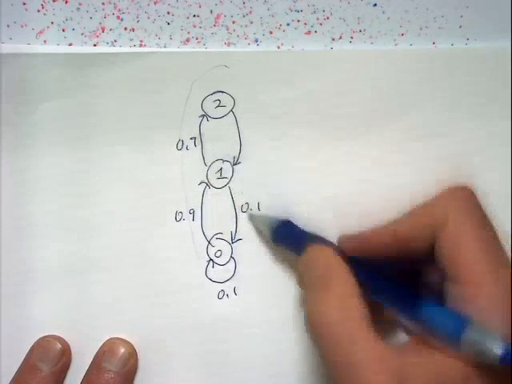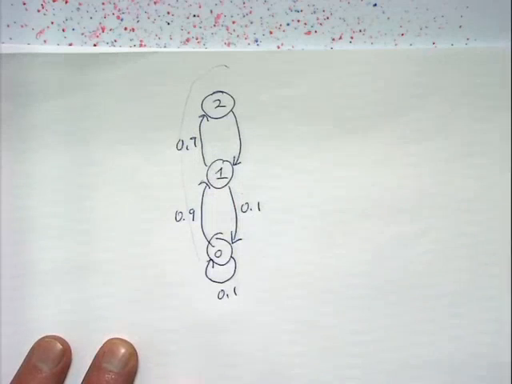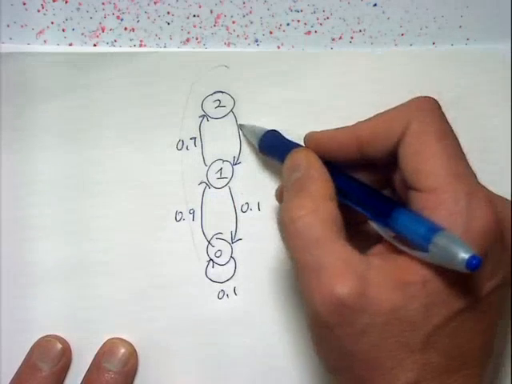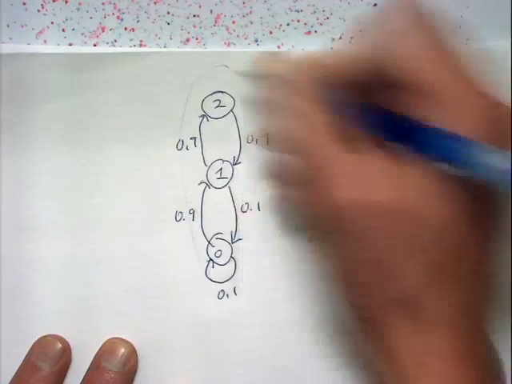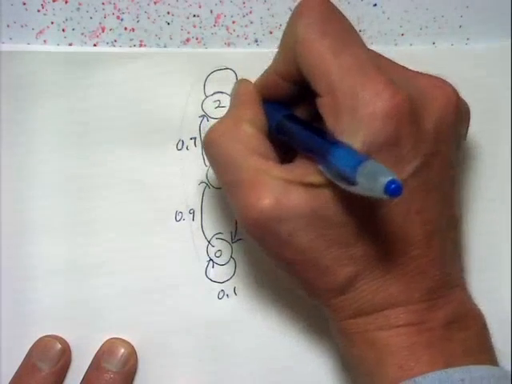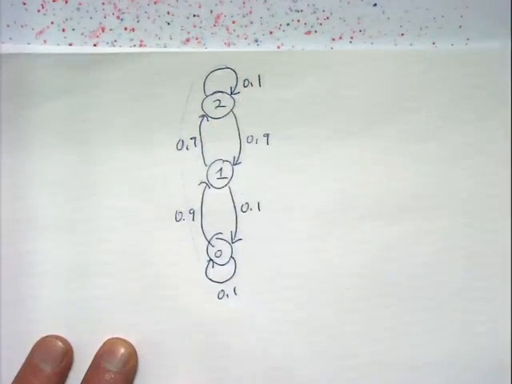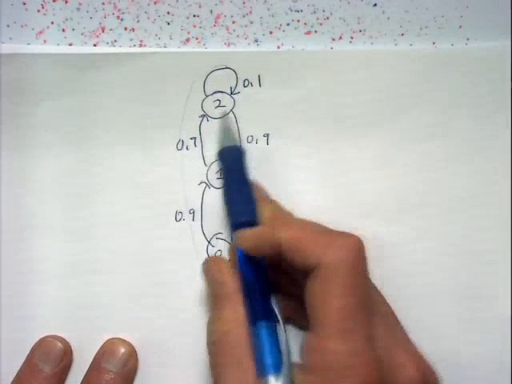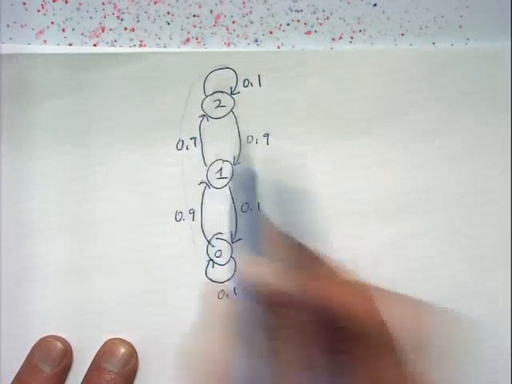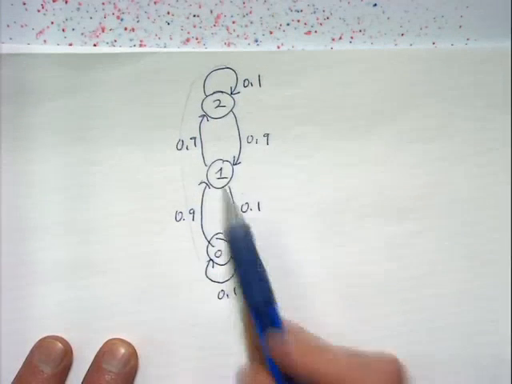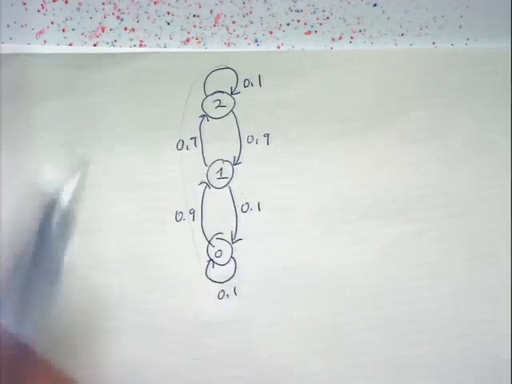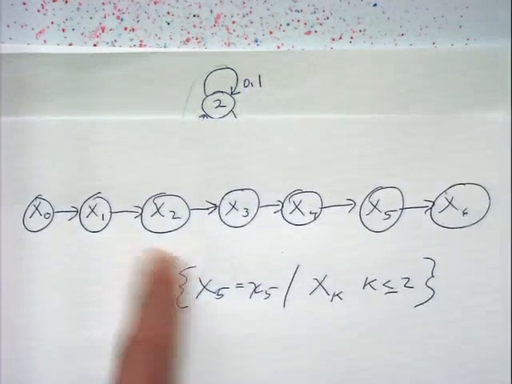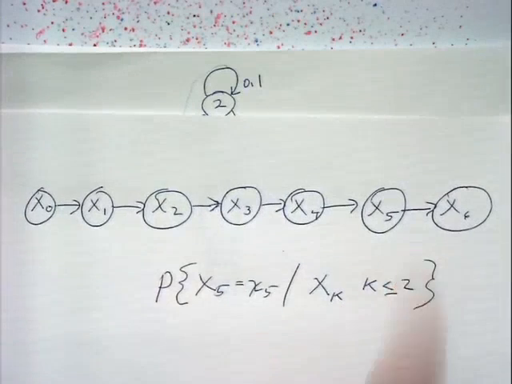So this number and that number have to sum to 1. And for 2, let's say this is 0.9, then this would have to have another arrow like this, which would be 0.1. That way, if you start in state 2, you have to go somewhere, and likewise for states 1 and 0. But this is different than this. This is a different way of visualizing the information.